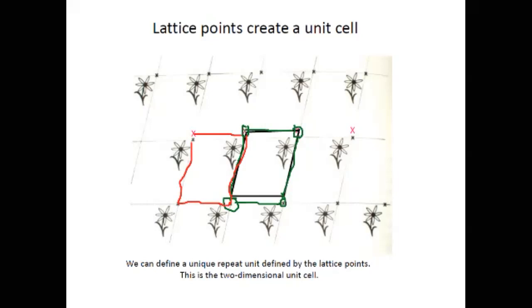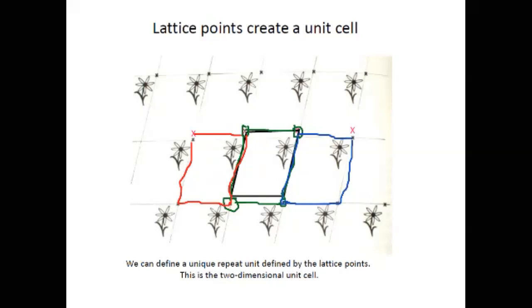Or if we go to the right, we connect these 4 lattice points. Again, it's the same as the green one, except we've just translated it across, in this case, the X axis.